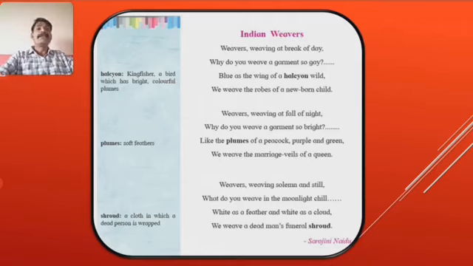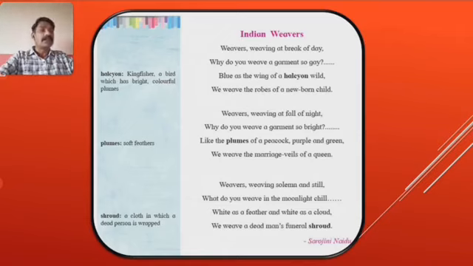So at the break of the day, in the sense of morning time, at dawn, the time between 5 to 6:30, or usually we can say between 5 to 7. You know that rural people wake up early in the morning, so they were weaving at the break of the day. The weavers wake up early in the morning at dawn.